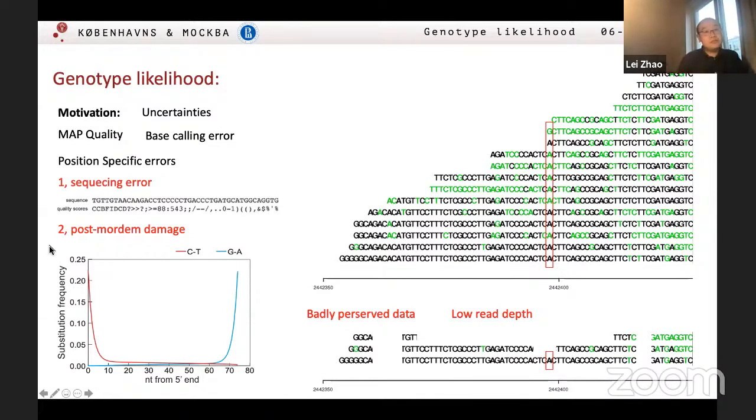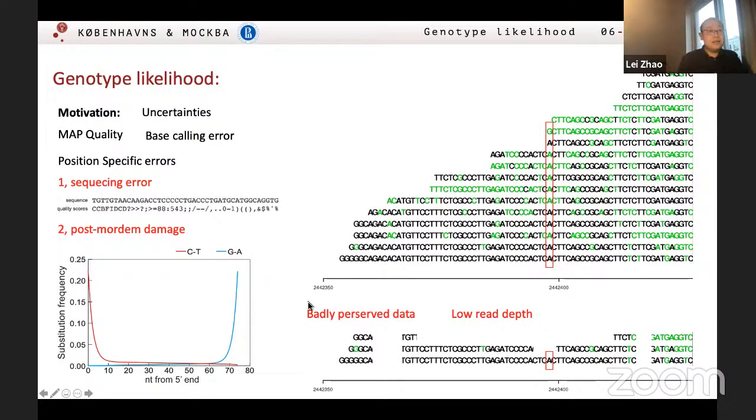And if you take into account ancient genomes, there will be something like postmortem damage. This is also position specific damage. At the 5' end, there will be a lift of C to T change, and close to the 3' end, you will see a lift in frequency of G to A change.